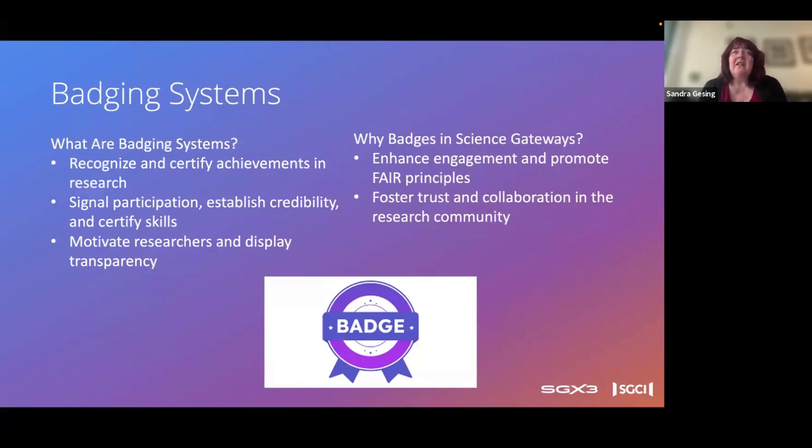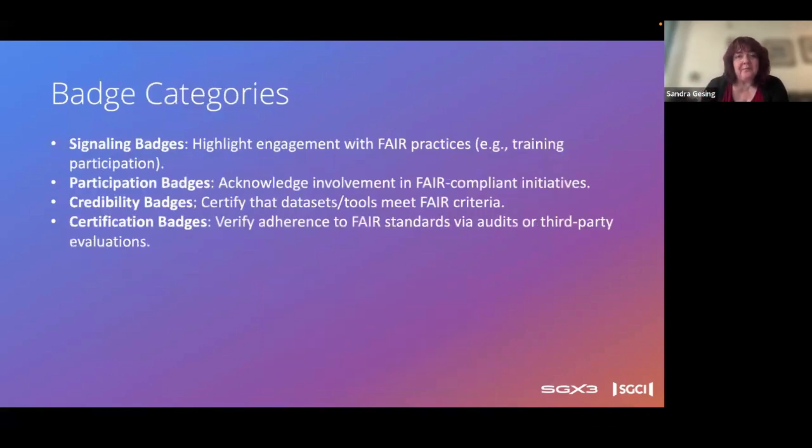But there's still the question: what is the first step for people? How can people really use it in their daily research workflow? I think science gateways can really help with that. If we can do the first steps in the science gateway, it's easier for the researchers to use it.